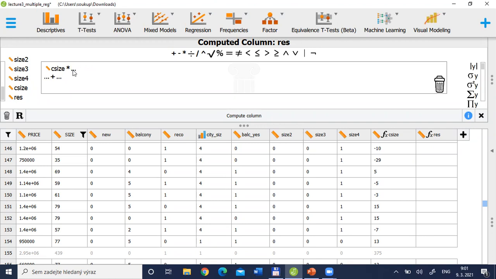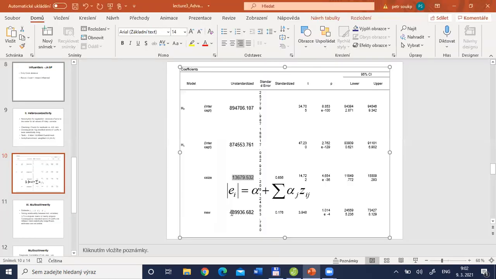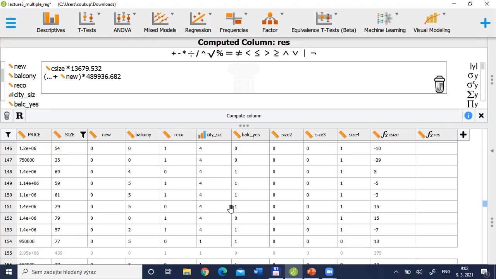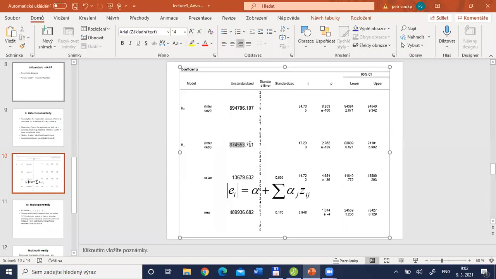No, I don't need brackets. So once again, plus, I would take new multiplied by the coefficient for the new. I would take also plus the constant intercept, which is here.